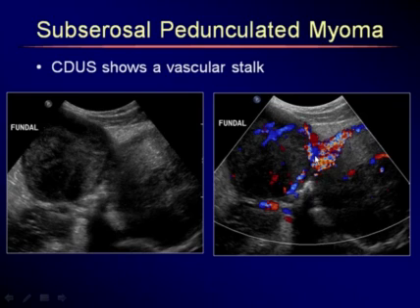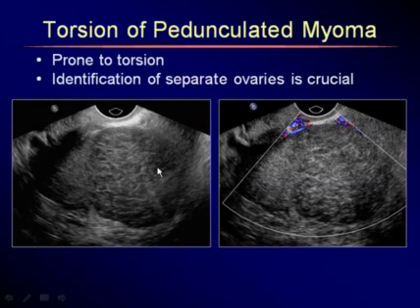So in this case, we have vessels crossing through that vascular stalk, which then sets it up for the possibility of a torsion. So if a patient has a known myoma and then one day comes in with severe pain, certainly you have to think of torsion. This lady came in with pain and didn't know she had one, but this is a solid mass, very solid, intimately related to the uterine wall.